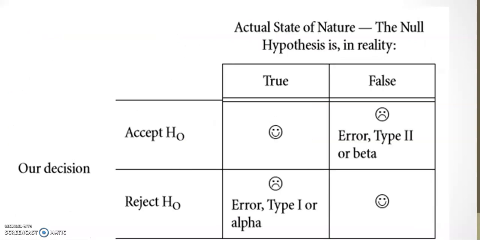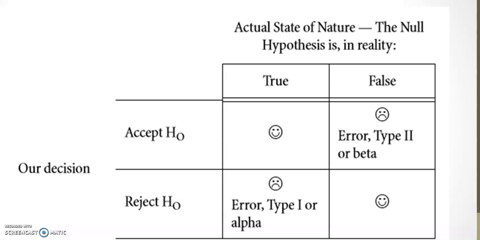This is explained in the form of a diagrammatic representation. Here our decision is accept or reject. Accept H0 when it is true: it is a correct decision. Accept H0 when it is false: it is a wrong decision, which leads to type 2 error or beta.